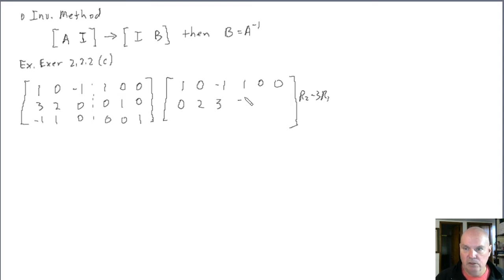I'll have a minus 3 here, I keep the 1 that's here, and it'd be 0 minus 3 times 0, which is 0. Similarly, to get rid of the minus 1 in row 3, I can just add row 1 to row 3. And so I'll get 0, 1, minus 1, 1, 0, 1. Now I've got zeros below the leading 1.